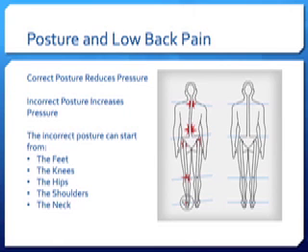Now, at the moment, I've just been talking about a static posture. What we also have to do is look at dynamic postures. So when we're moving, so walking or bending down or picking things up or pushing things away from our body or pulling things towards our body, i.e. pushing and pulling a door open, walking upstairs.